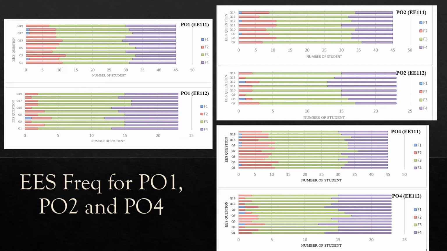As we can see, on average for these 3 POs, students rate themselves between score 3 and 4, which indicates the teaching and learning effectiveness is in upright condition. So there is exceptional rating for themselves.